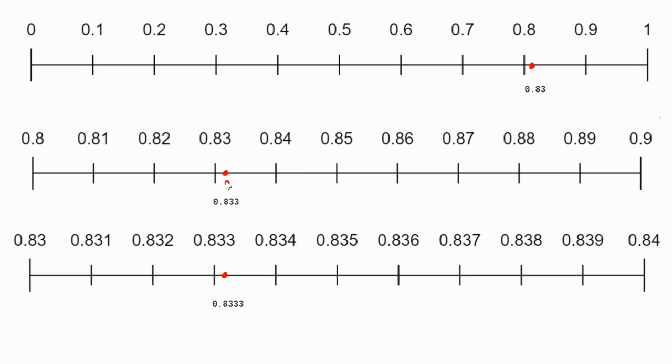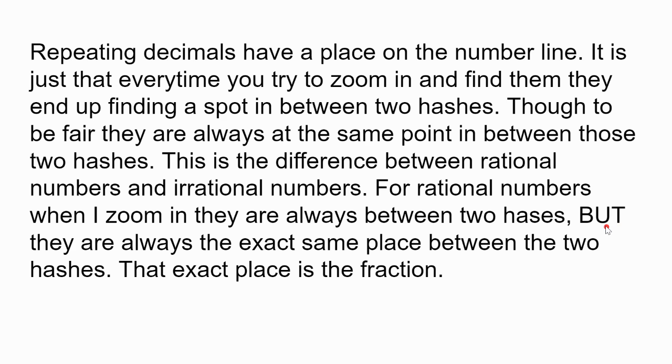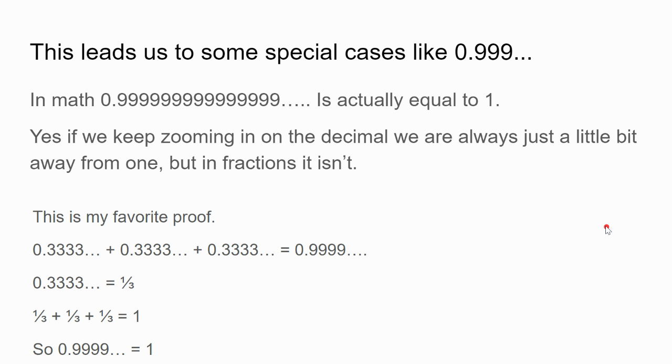So it's always just a little bit to the right. An irrational number would bounce every time I zoom in. It might be here, it might be there, it might be somewhere else. It would always be between the two hashes, but every time I zoom in, it would be in a different spot. So this is a rational number because it still has a pattern.